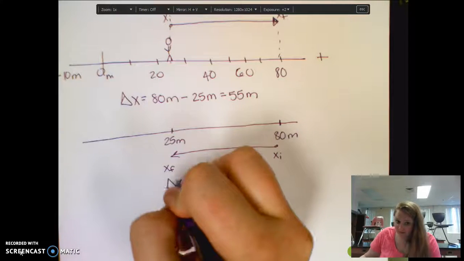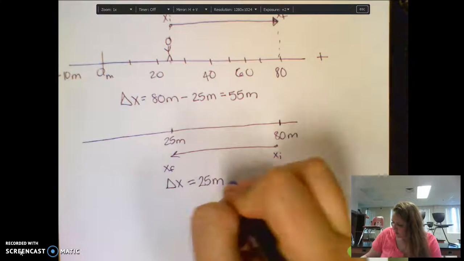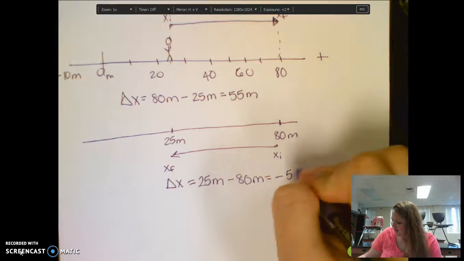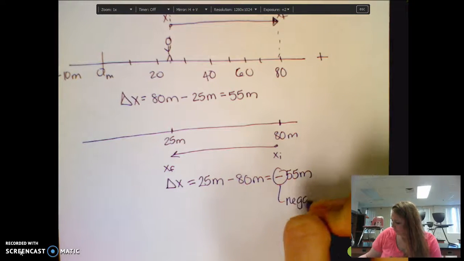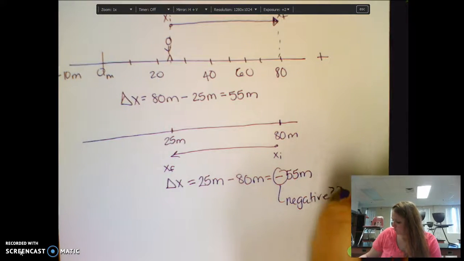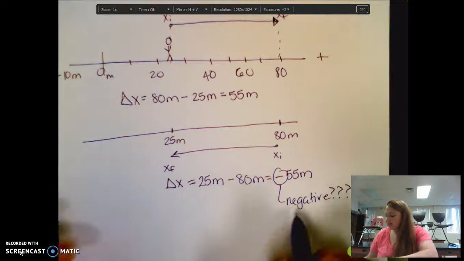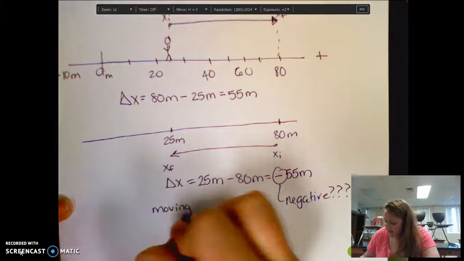So my displacement, change in position, is going to be 25 meters minus 80 meters. So now we have a negative 55 meters. So what does that negative mean? Because that has to mean something. This is math, positives, negatives, everything is wonderful. It's meaningful. This negative means that we must be moving in an opposite direction.